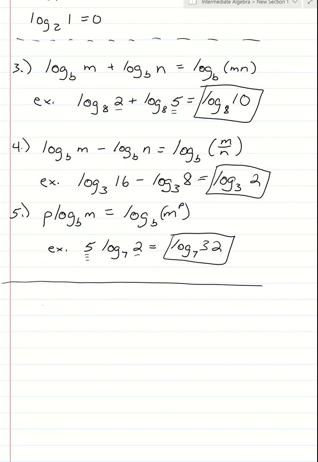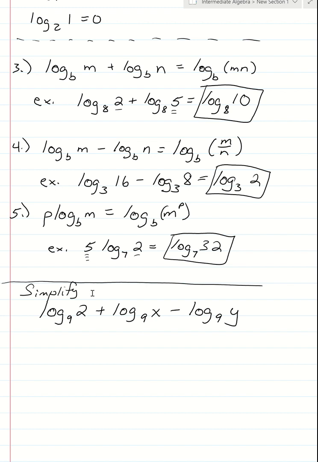Let's say we had the log base 9 of 2 plus the log base 9 of x minus the log base 9 of the variable y. Well, we want to simplify this expression.